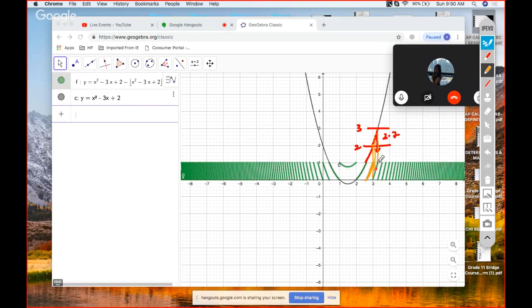It fell by 2 units because that was 2.7 and now it has become 0.7. So the fractional part of 2.7 should be 0.7, right? Similarly, any point between 3 and 4 will start falling 3 units down. So this guy will fall like this guy.